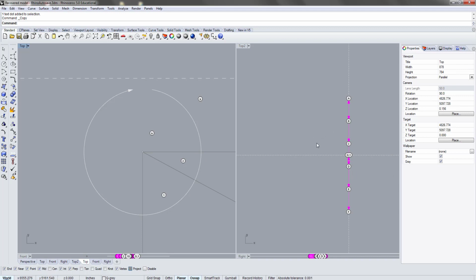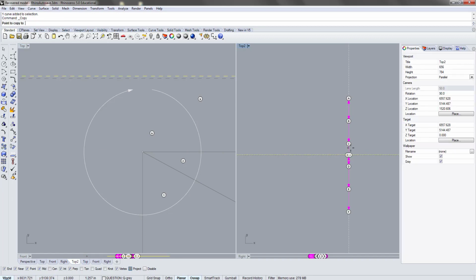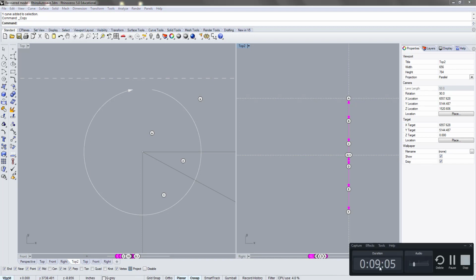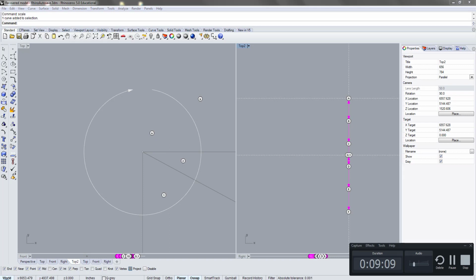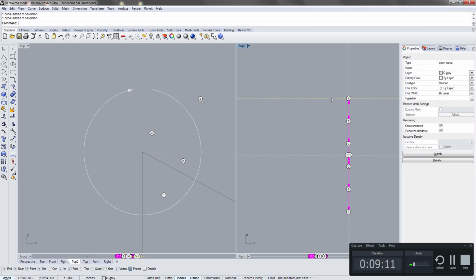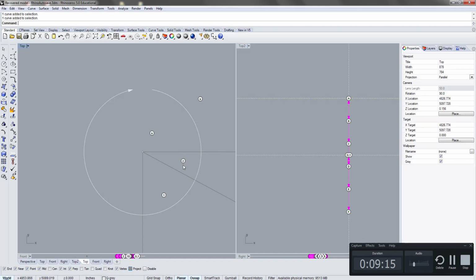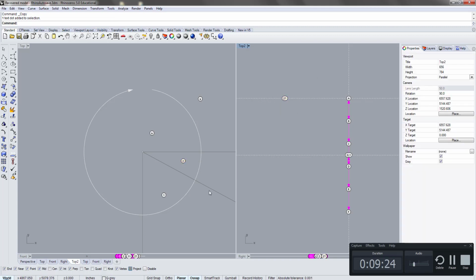A2 is going to be horizontal, just like this one. It's going to start from A and end at point 2. But point 2, we don't know where that is yet.